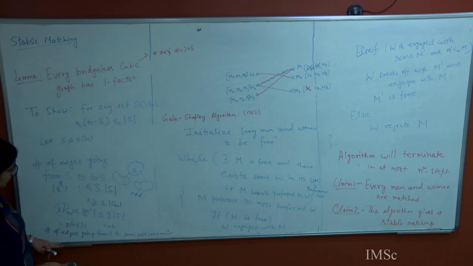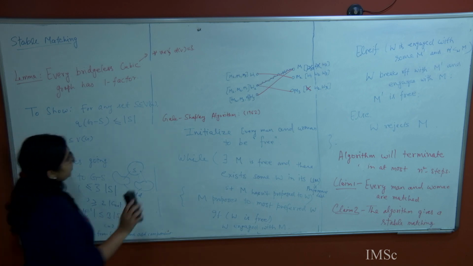Let's look at this side, because we want to replace the Cg minus S with Qg minus S. So let's look at some odd component and try to see what happens.